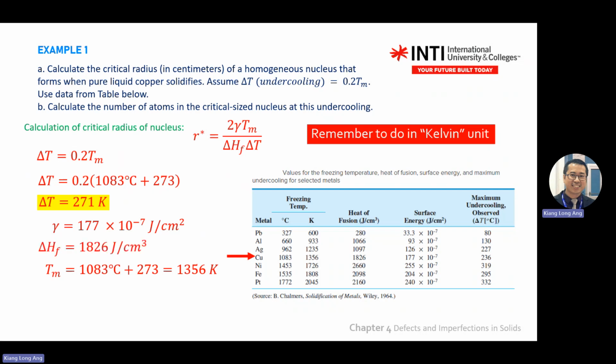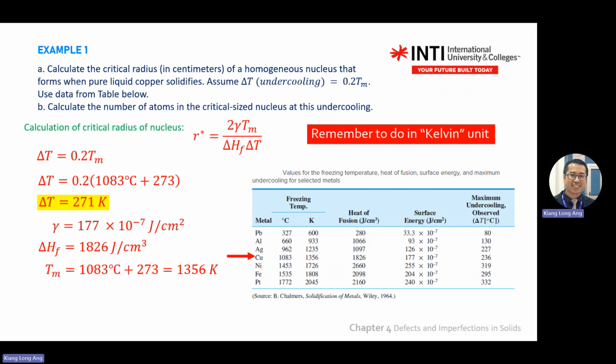And this one, heat of fusion, 1826 joule over cm cubed. Melting temperature, already calculated just now. On the table, you see freezing temperature. It actually also means melting temperature. So you have all the values already.